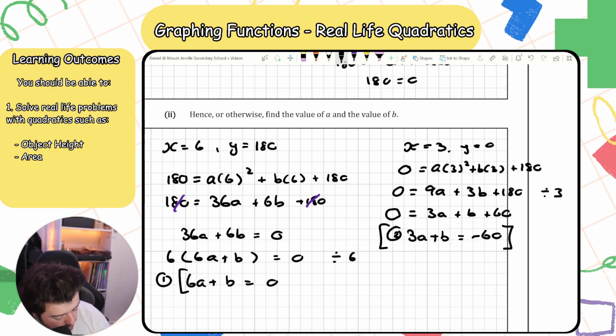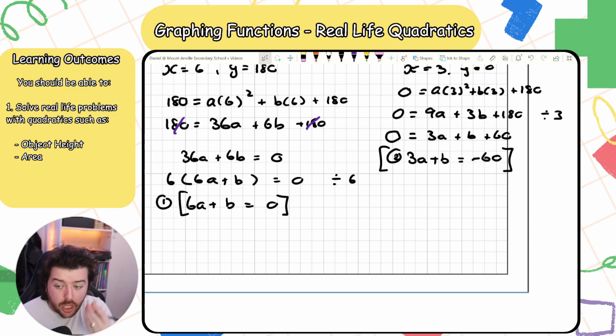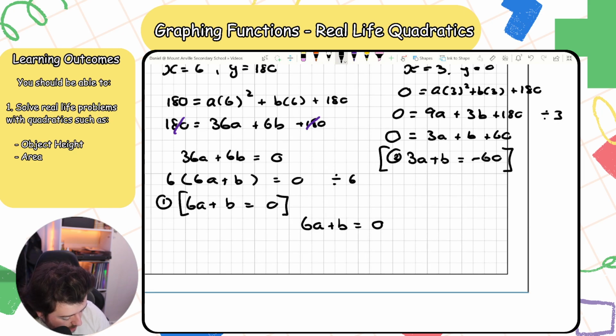So I have 2 equations in terms of a and b. So I'm going to be using simultaneous equations. So 6a plus b is equal to 0, and 3a plus b is equal to minus 60. Now we're noticing the fruits of our labour for dividing across early, because now I have both b's here with the same coefficient. I just need to change the sign. So I'm going to multiply the bottom one by minus 1.